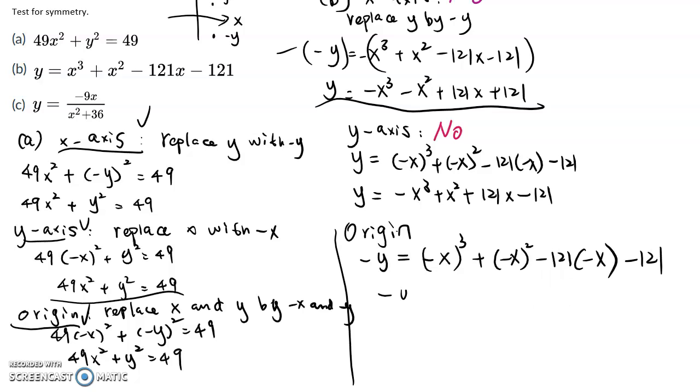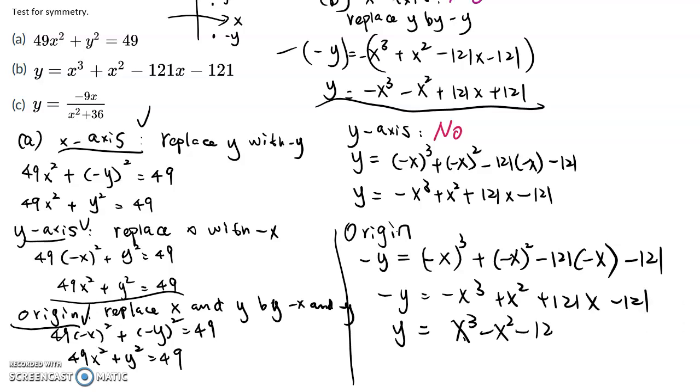First of all, let me simplify the right side. Negative x cubed plus x squared plus 121x minus 121. Let me multiply both sides by negative, or change sign on every term, basically. So y equals x cubed minus x squared minus 121x plus 121.